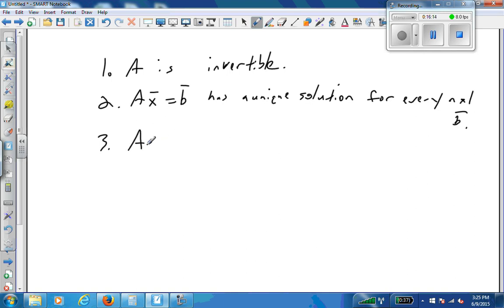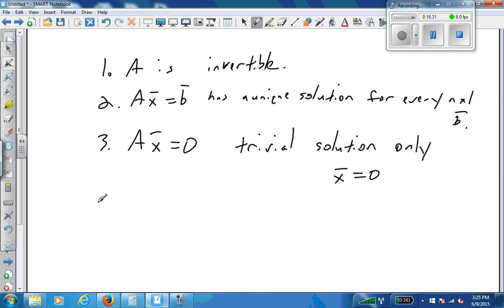The homogeneous system only has the trivial solution, and that is where X equals 0. A is row equivalent to the identity matrix.